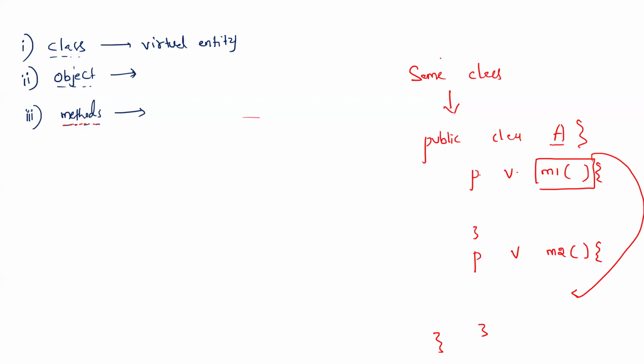Since they both are present in the same class, object creation is allowed, but is it recommended or not? Not recommended. So then how do we call it? By using just the method signature, meaning the method name and appropriate inputs, then a semicolon. This is the recommended approach to call same class methods. Since this is not taking any inputs, I am not passing any values.